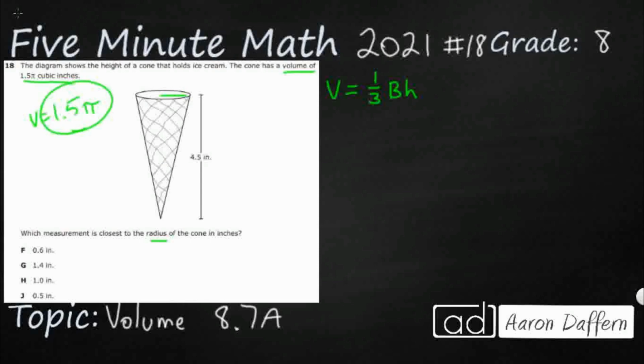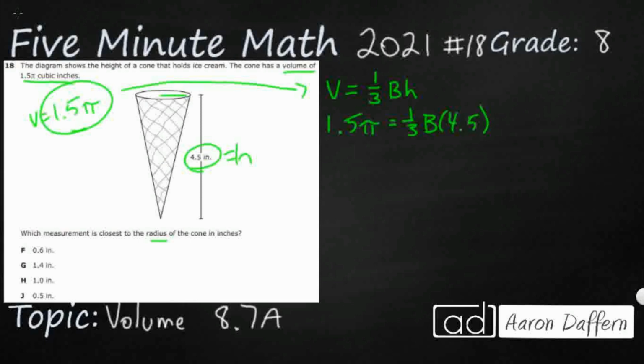So I'm going to replace my volume with this. 1.5 pi cubic inches equals 1/3 base, and then I do know the height. Here's my height, 4.5. So I'm going to put a 4.5 right here.